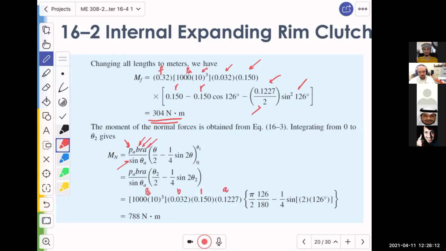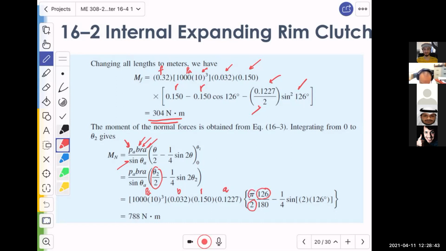The only thing I want to warn you about is this. If you have, inside an equation, pressure multiplied by radius, by diameter, whatever, and then you have theta over 2, and you substitute 126 over 2, this is wrong. Angles in degrees are not numbers. We say radians are numbers.